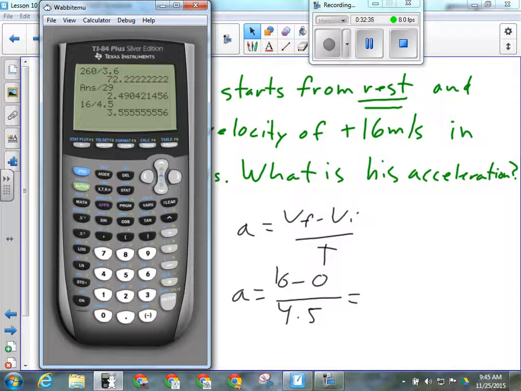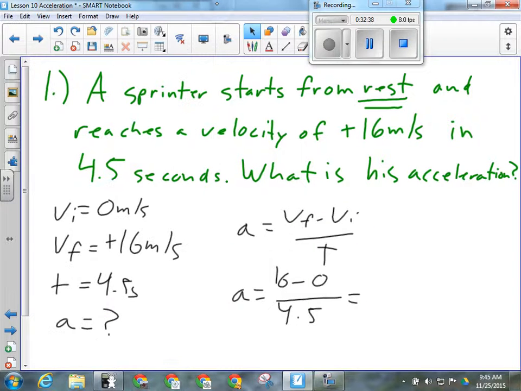Now, caution. When you're punching this into your calculator, if this isn't 0, you do need to put the top in brackets. Because if you don't, your calculator will do what? It'll divide first. It just does order of operations. So it'll go 0 divided by 4.5 and then go 16 minus that, and so you'll get the acceleration to be 16, which it's not.